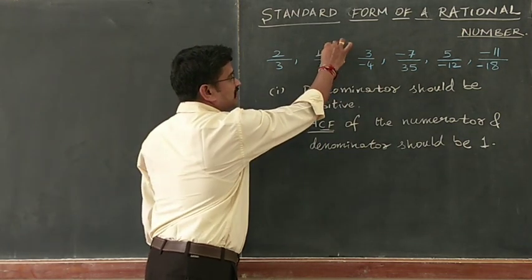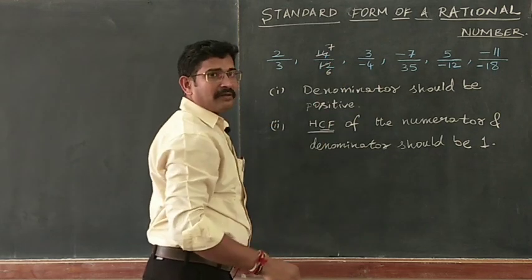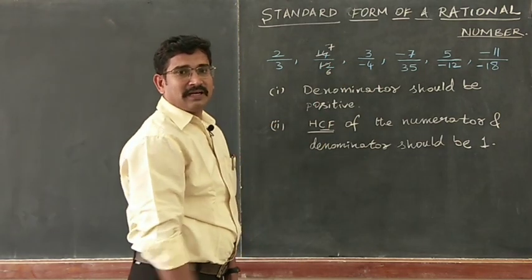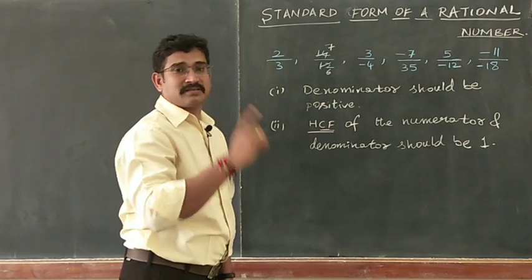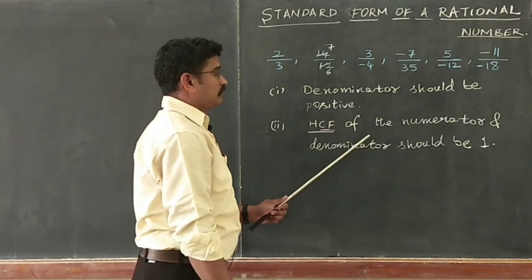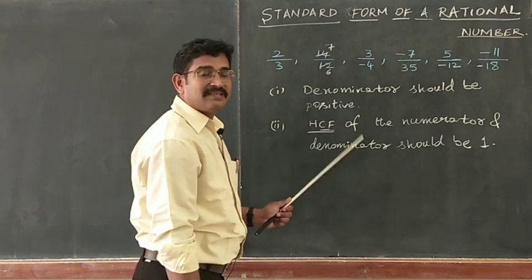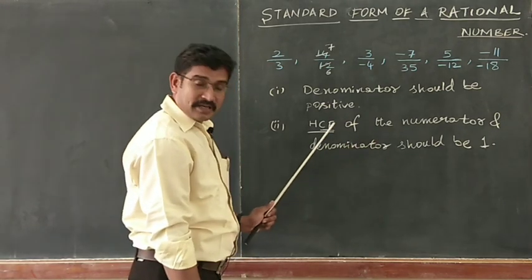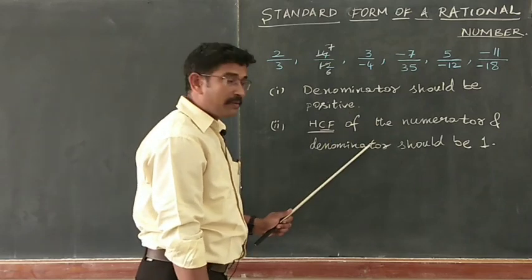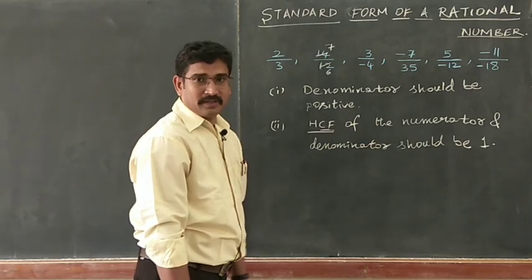So, 2 7s are 14 and 2 6s are 12. I can simplify that, and now 14 by 12 can be written as 7 by 6. So, that is what this tells: the HCF of both numerator and denominator should be 1.